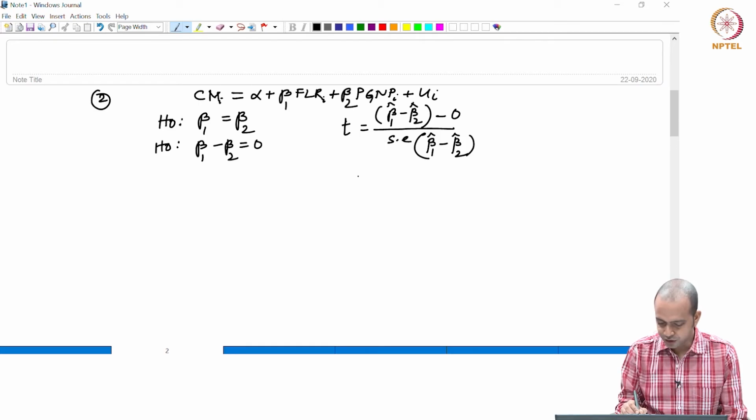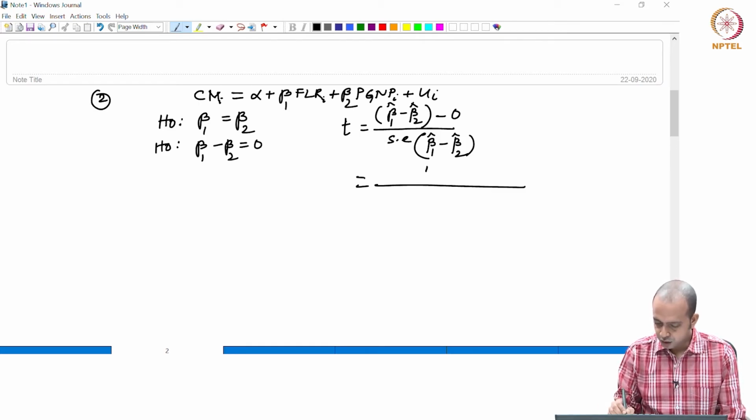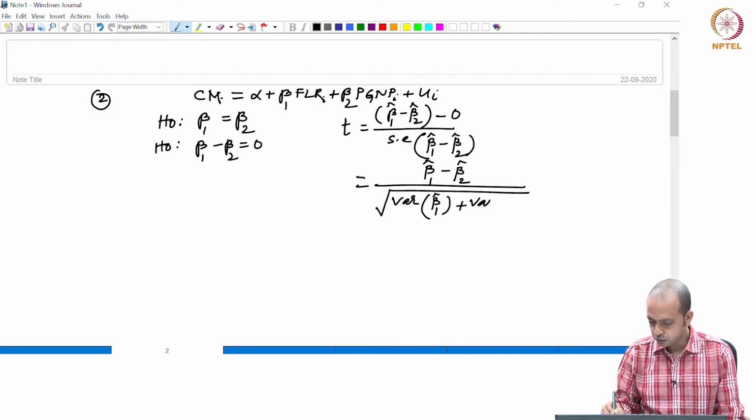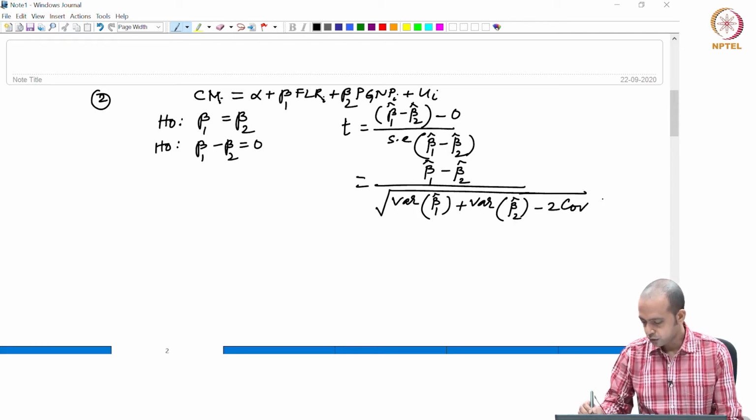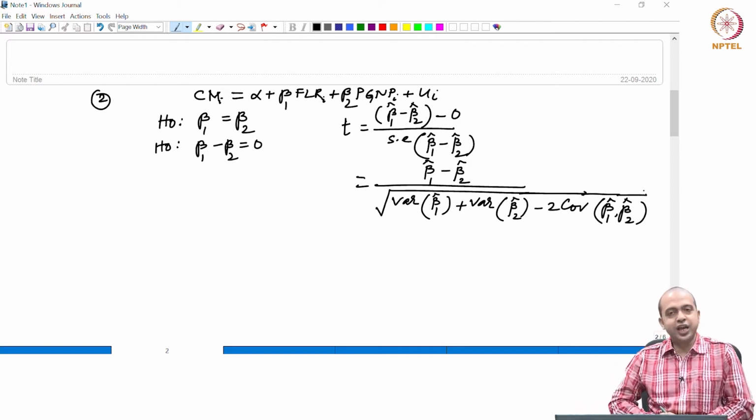So, this can be written as beta 1 hat minus beta 2 hat divided by the square root of variance of beta 1 hat plus variance of beta 2 hat minus 2 into covariance of beta 1 hat, beta 2 hat. This is how you have to calculate your T.